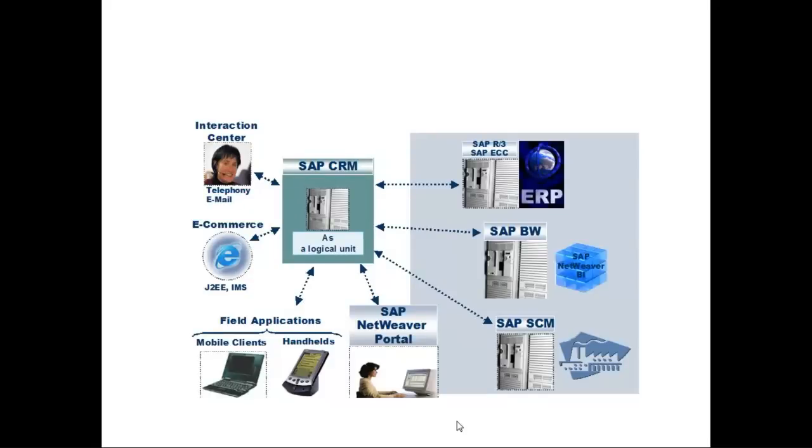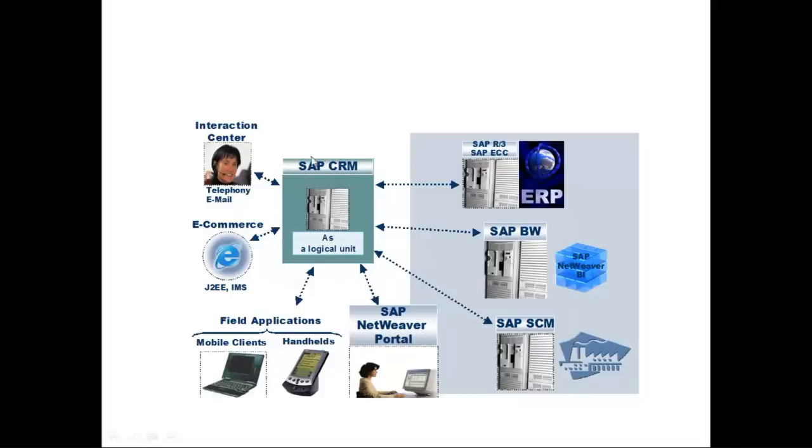Moving ahead, here we can see how SAP CRM is connected with other systems and how the CRM data from the central CRM server can be accessed by various channels. The SAP CRM central server is connected with SAP R3, SAP BW, SAP SCM, and SAP NetWeaver portal.